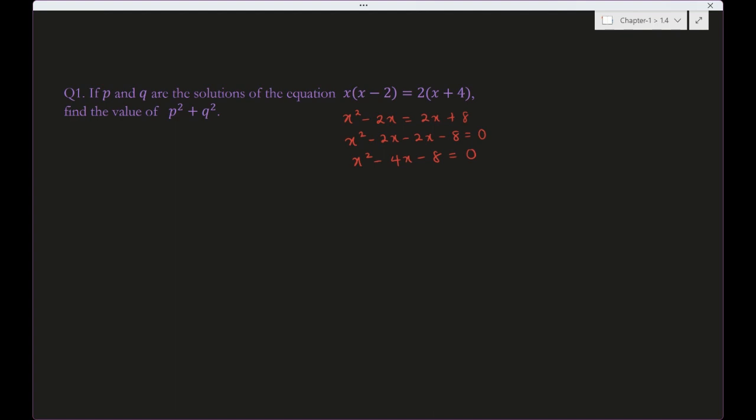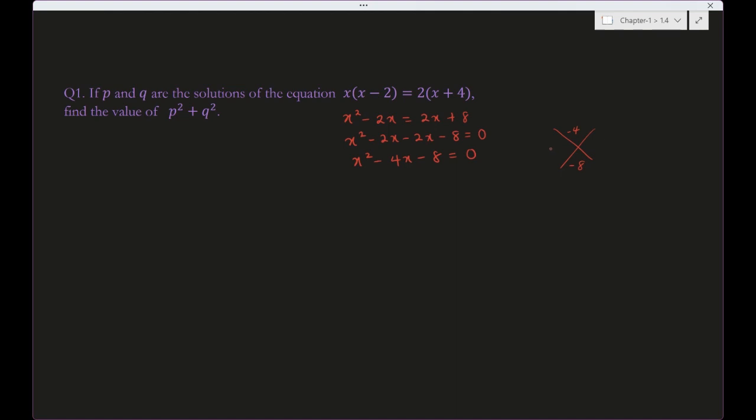We can try factorization, or we can try either the completing the square method, or we use the quadratic formula. But if we try factorization, it means we need to get two factors that multiply to give us minus 8 and add to give us minus 4.